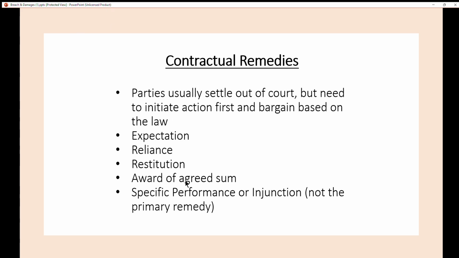So you have a few ways to calculate damages. One is these three: expectation loss, reliance loss, restitution. Expectation loss means if let's say you are a scientist, you work for a company, you develop a product, let's say the product is worth 10 million, right?